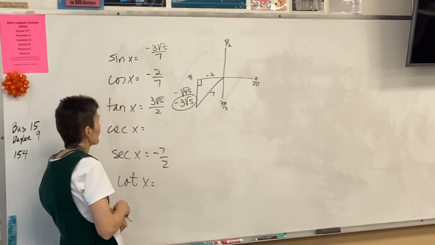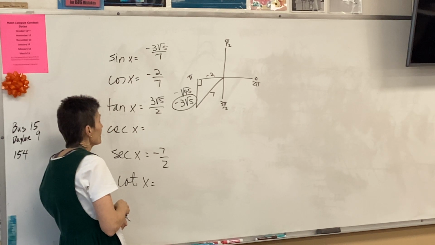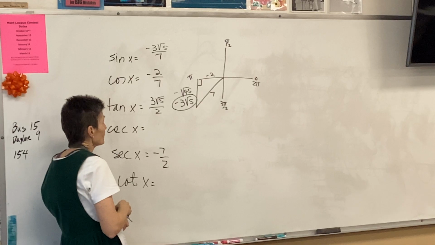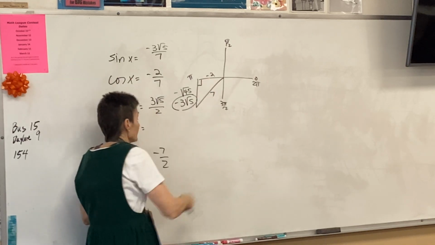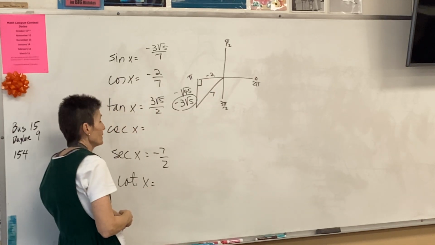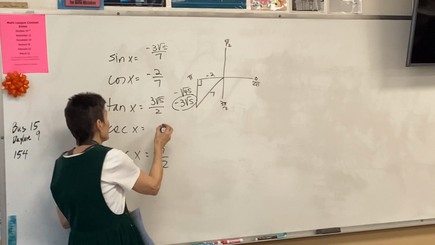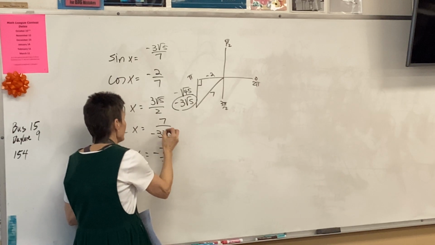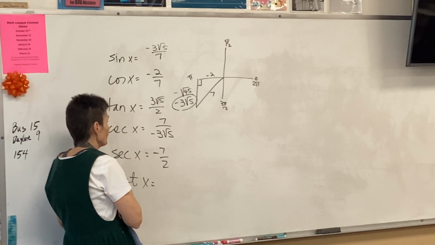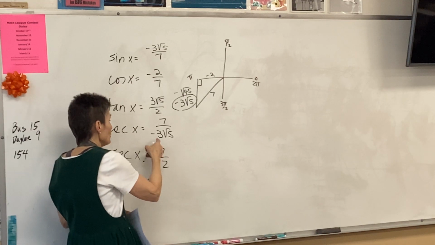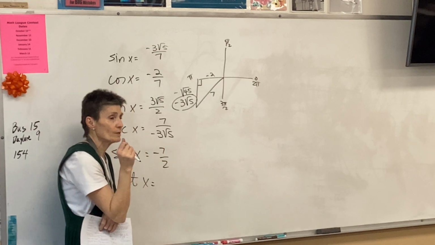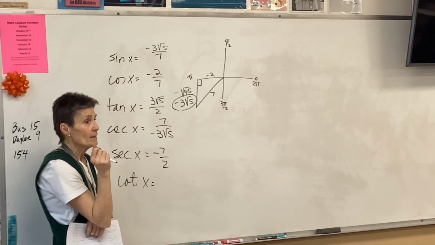Wait, how's it positive on that? Negative over negative, oh. Cosecant is 7 over negative 3 root 5. Now, when you rationalize 7 over negative 3 root 5, you don't worry about the 3.